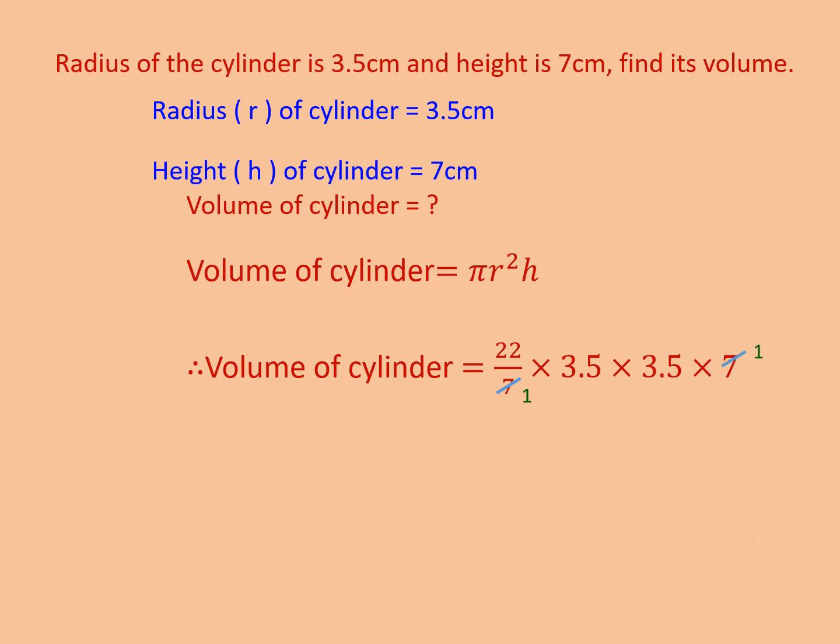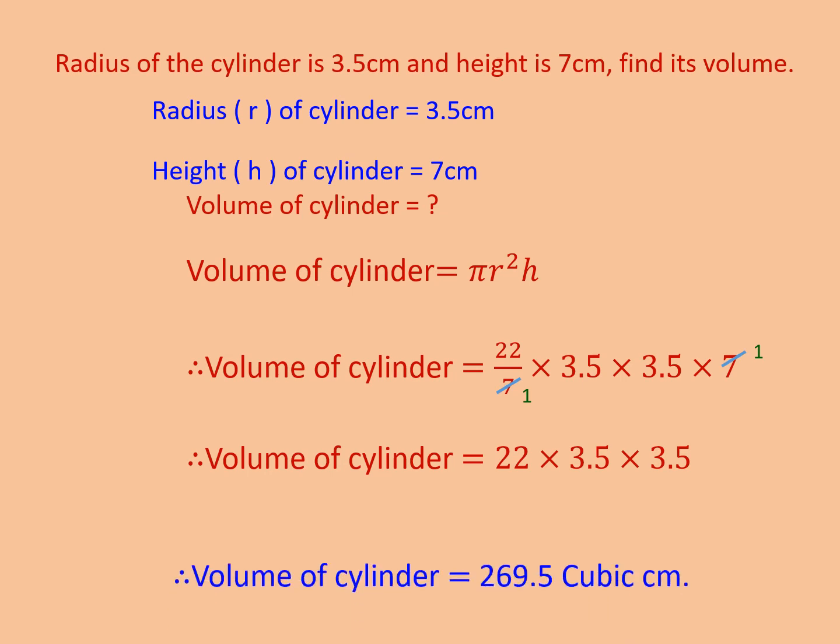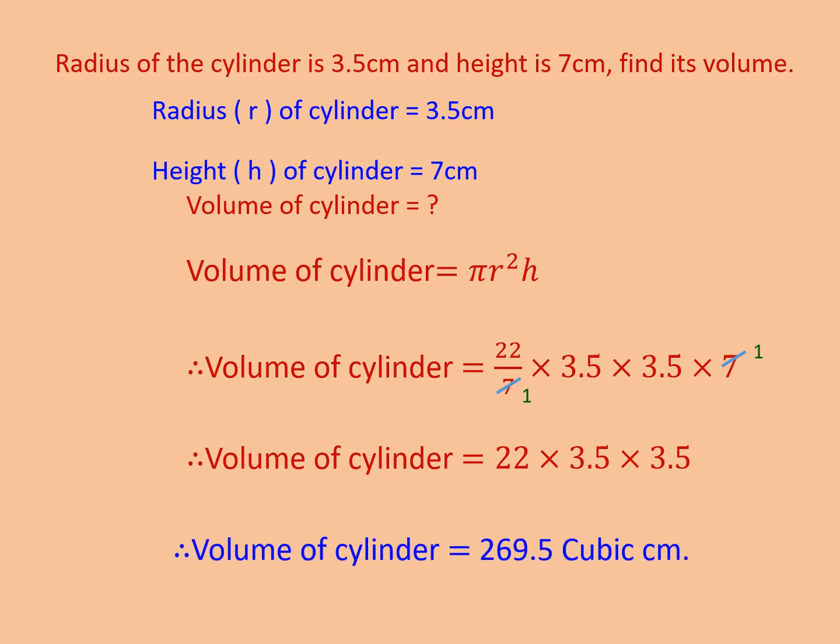So the volume of the cylinder equals 22 into 3.5 into 3.5. When we multiply all three numbers, we get the volume of the cylinder equal to 269.5 cubic centimeter. The unit of volume is cubic centimeter.